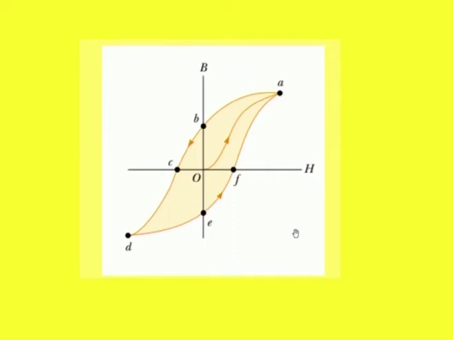The material takes this path when it is virgin, not subjected to the field. Here we have the magnetizing field, and here the magnetic induction that is produced. It starts from 0,0 and reaches a saturation, and after that it does not follow the same path, it takes some other path. This kind of behavior is called magnetic hysteresis.